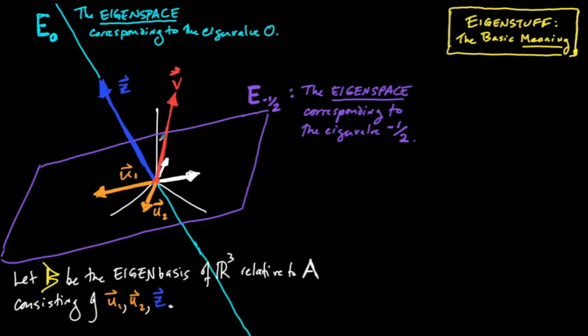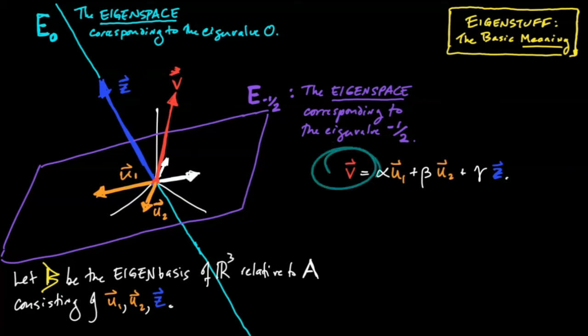So if I have some other vector v out there, I know that v is some unique linear combination of these eigenbasis vectors. In fact, v is going to be alpha u1 plus beta u2 plus gamma z for some scalars alpha, beta, and gamma. And those scalars just tell us how many u1 steps, u2 steps, and z steps we have to take from the origin to get to the tip of vector v. Okay, that comes just from knowing that our three vectors make up a basis.